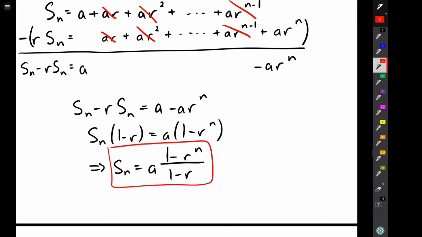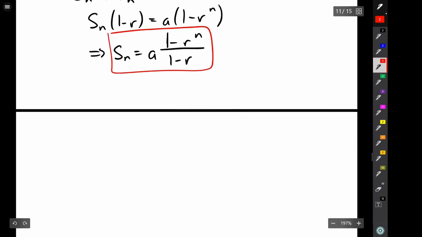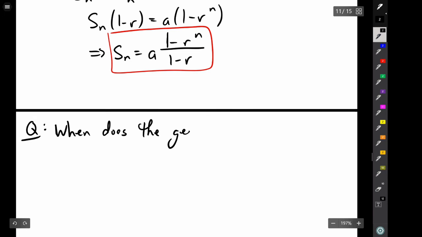Now we can try to figure out the question: when does the geometric series, the series from k equals 0 to infinity of ar to the k, converge?